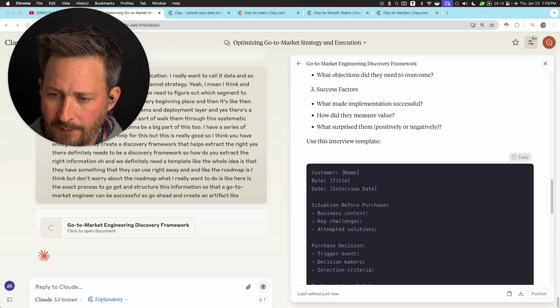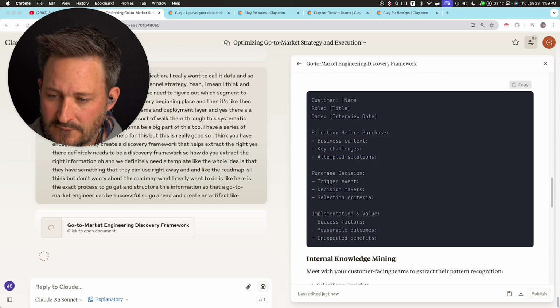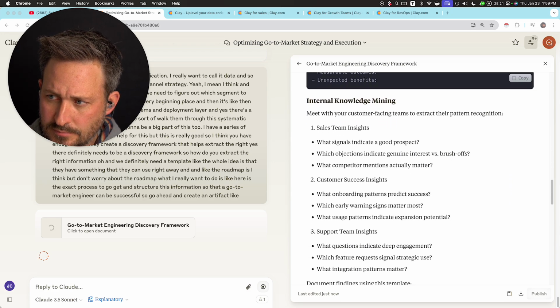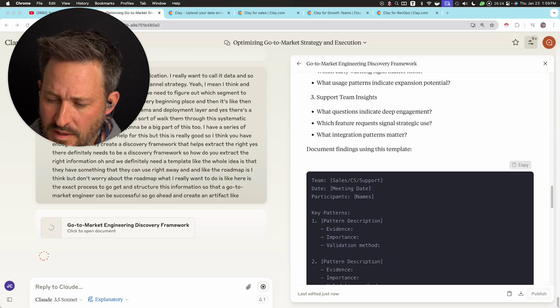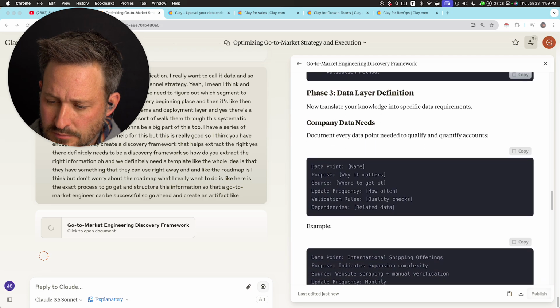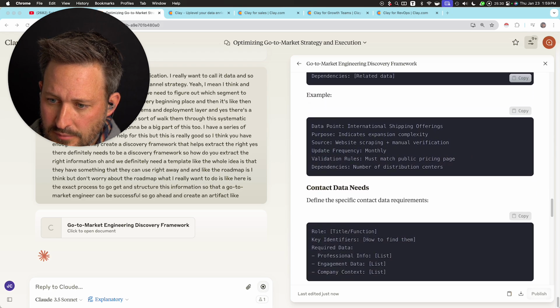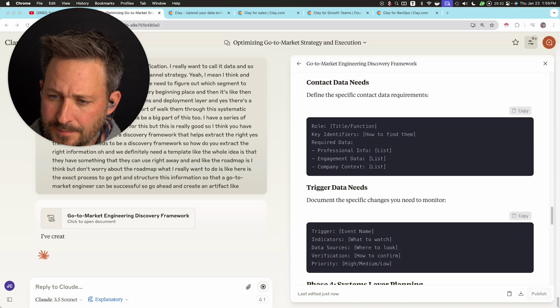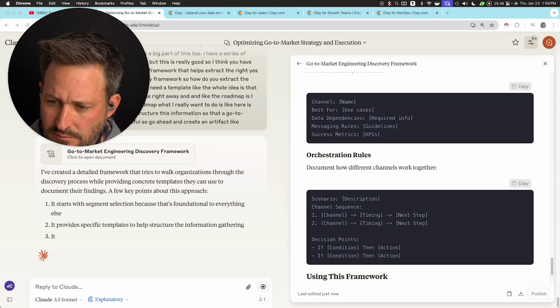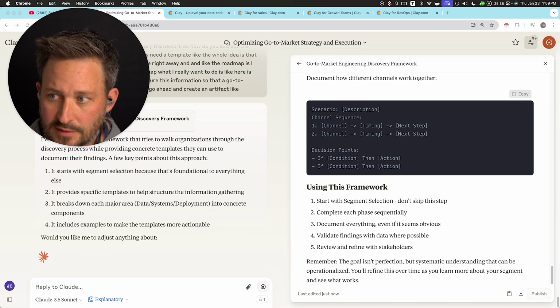And actually, I already have this. Yeah, this is the 5C framework. This is great. I think this is fantastic.